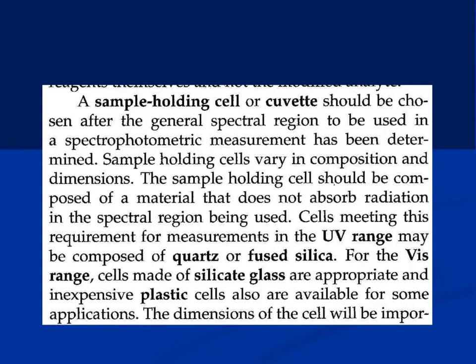So if you need to use the UV range, then you need to use quartz or fused silica, and those are really expensive, and that's why we don't see them very often unless you're doing research or have some specific need to observe things in the UV range. Mostly we work in the visible range, and it's much cheaper to do in a colorimeter or a spectrophotometer with visible only.